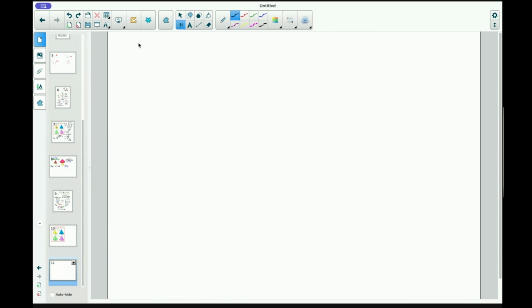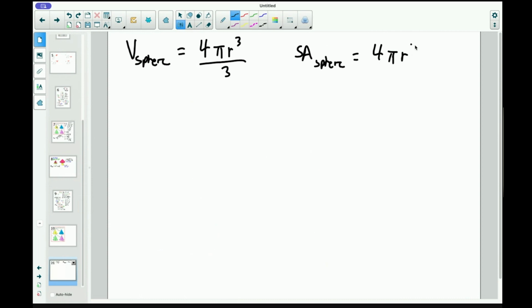So basically, the volume of a sphere is just 4 pi r cubed over 3. Okay. And then the surface area of a sphere is equal to 4 pi r squared. All right, so hopefully that part makes sense.